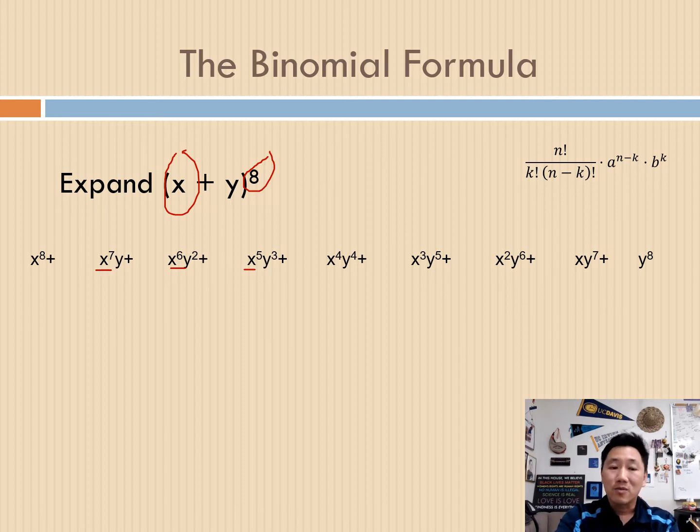And then it starts with no y, and then y to the 1st, y to the 2nd, y to the 3rd, y to the 4th, all the way y to the 8th. All right, so we did that for Pascal's triangle, which is nice because that pattern is really nice. But now let's look for the coefficients. Okay, and so that's what this part is for.